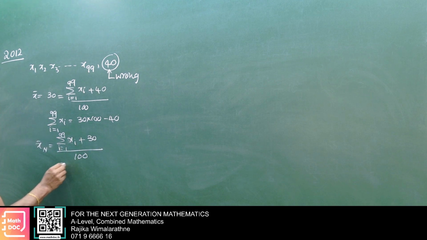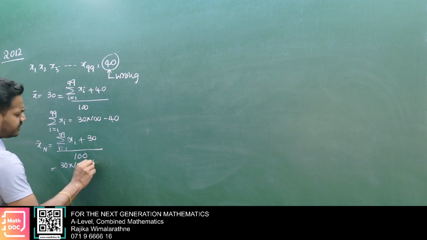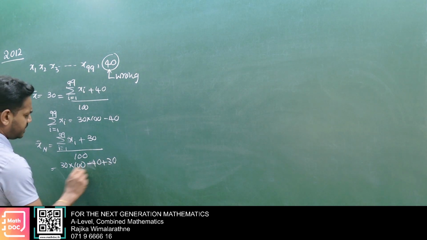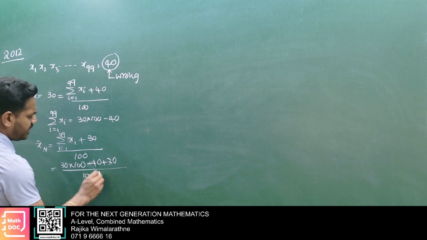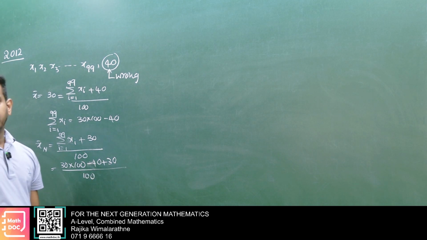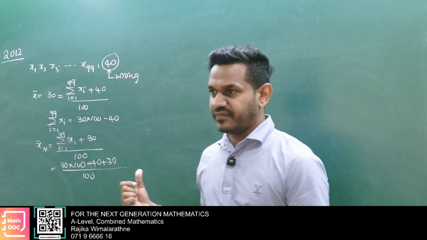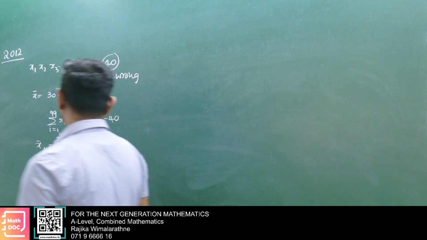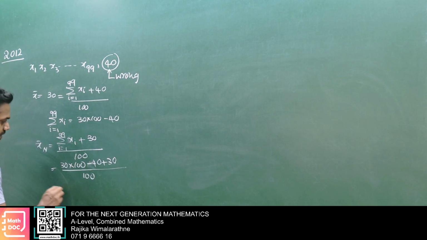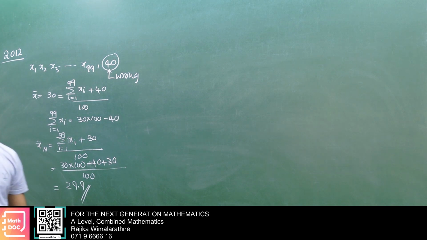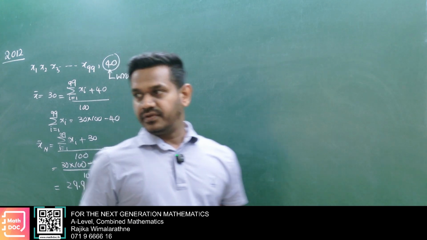Then here 30 times 100 minus 40 plus 30, divided by 100. Remove the error value, then add the proper value. Now here 2990 over 100, 29.9. This is the new mean, 29.9.